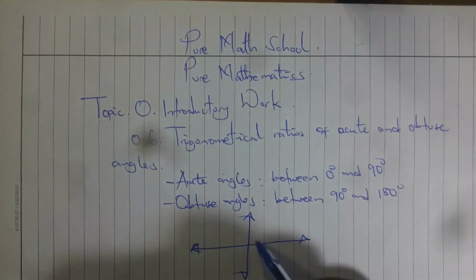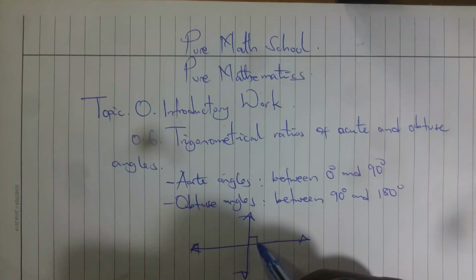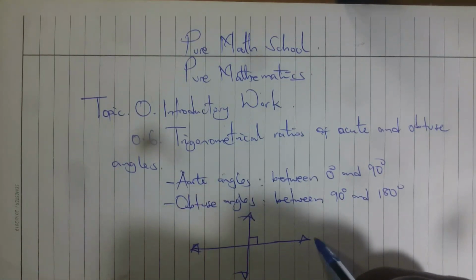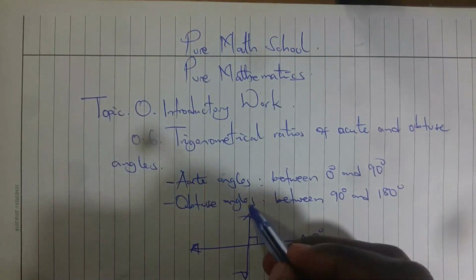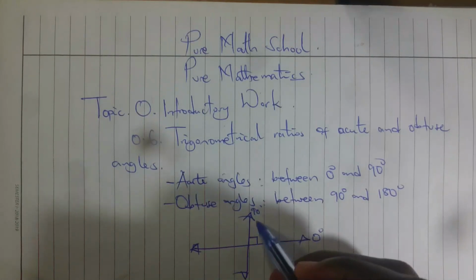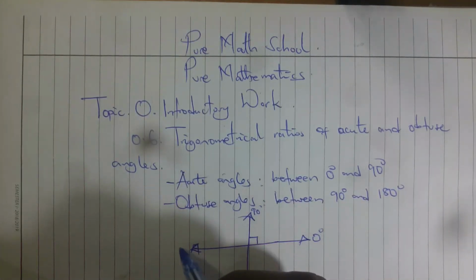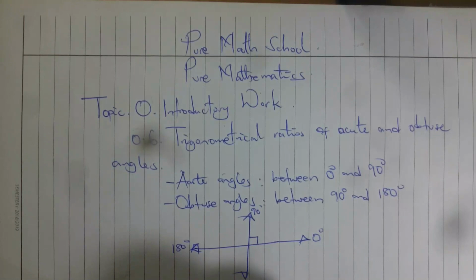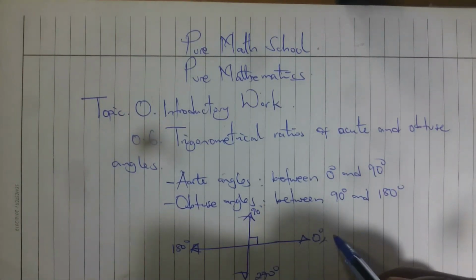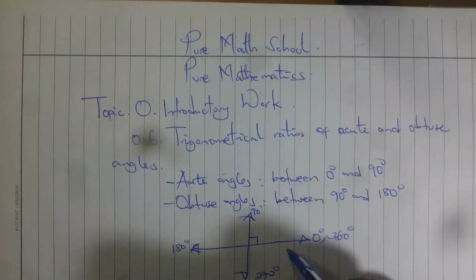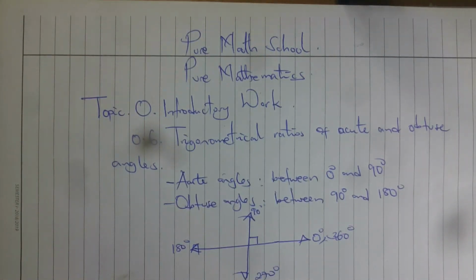Let's consider that from here to here, that's 0. This is the starting point, 0 degrees. Here we have 90 degrees. When you come here, we have 180 degrees. Here we have 270 degrees, and when you go around and come back to here, that's now 360 degrees.